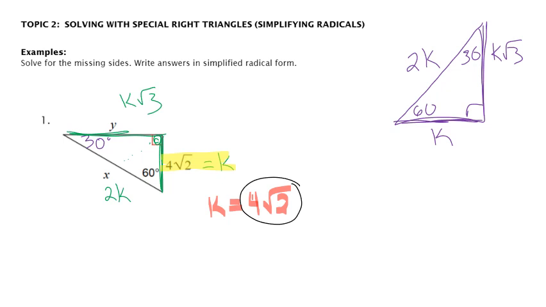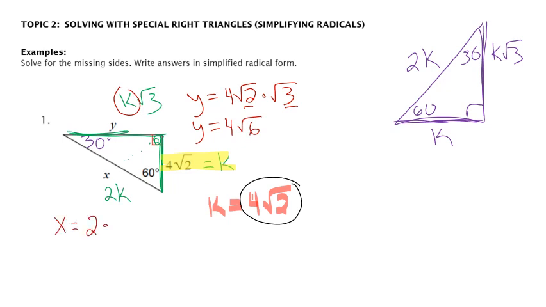And so now wherever I see a K, I'm going to put in 4 radical 2. So if I put this in for K, y is going to be equal to 4 radical 2 times radical 3. Radical 2 times radical 3 is radical 6. And then 2 times x is 2 times 4 radical 2.